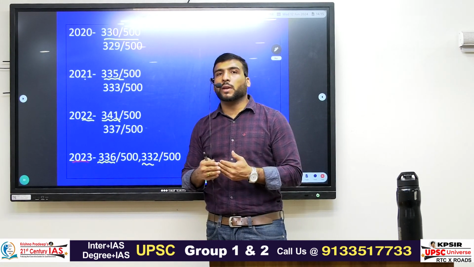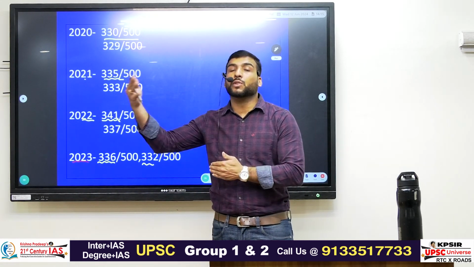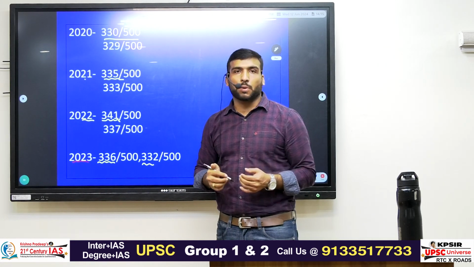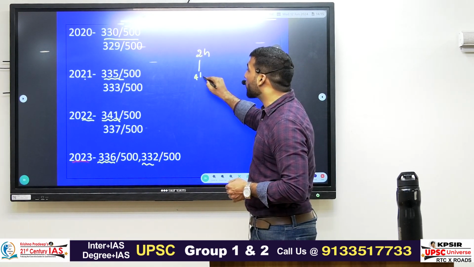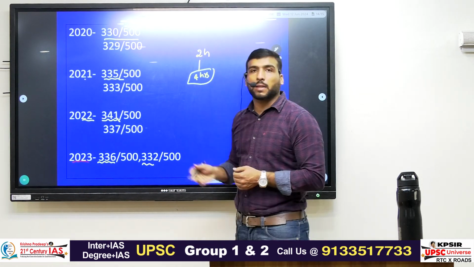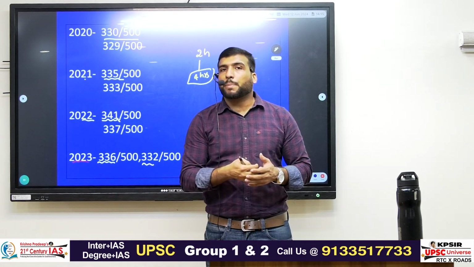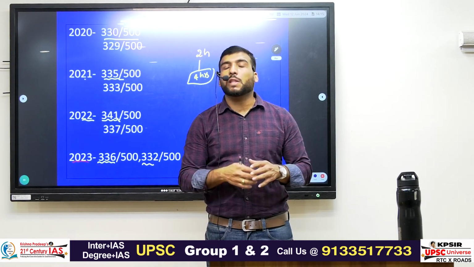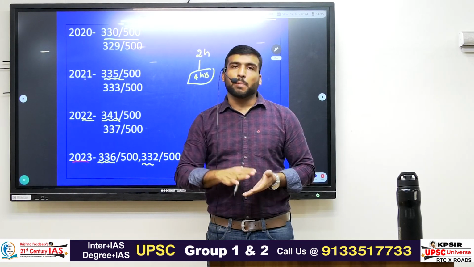For example, if you give 2 hours per day on maths optional, it will give you 4 hours of results as compared to other optionals. Why? Because you keep practicing one chapter with multiple questions, and you will get to know the multiple dimensions of the chapter, which will boost your score in your mains.